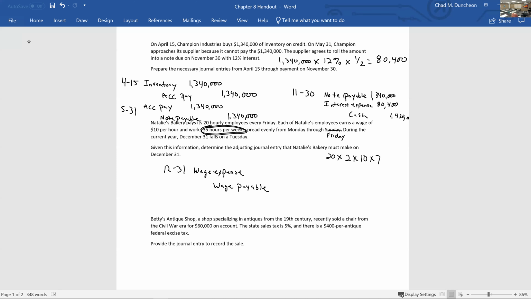They work 5 days, 35 hours a week spread evenly at 7 hours per day. So 20 employees multiplied by 2 days at $10 an hour, 7 hours a day, we get 2,800. So we would just take that number and put it into our journal entry. You have wage expense for 2,800 and a wage payable for 2,800.